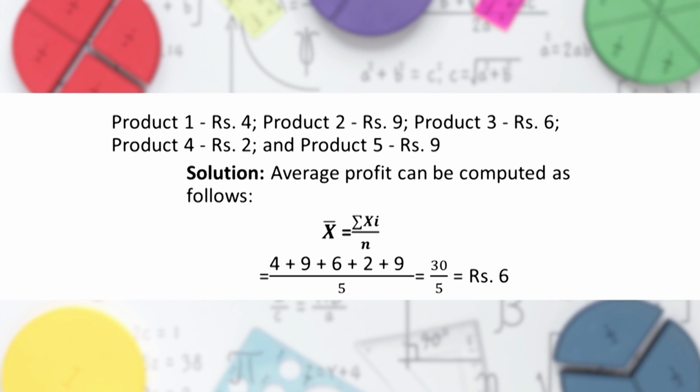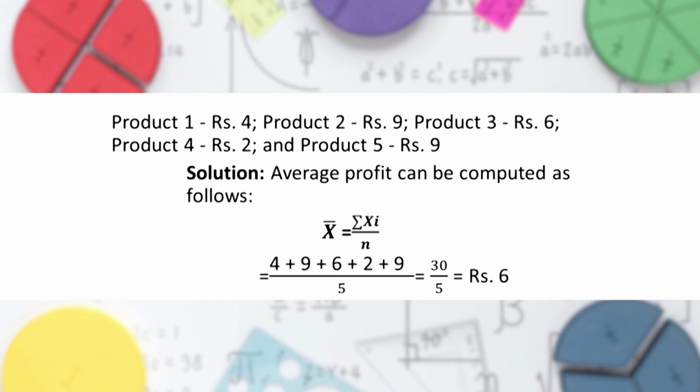So, if we talk of the formula, we will say that mean, or x bar, is equal to summation x upon n. That means 4 plus 9 plus 6 plus 2 plus 9, the profit per unit of the respective 5 products, all divided by 5. When you add up 4, 9, 6, 2 and 9 again, you get the value 30. Is that right? Are you calculating with me?